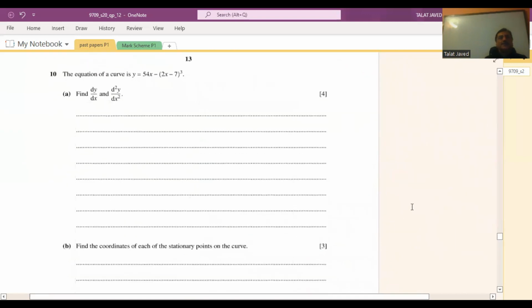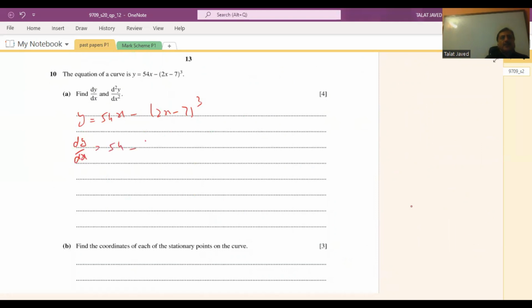Question number 10. This question is on differentiation. y is equal to 4x minus 2x minus 7 cubed. dy by dx: the derivative of 54x is 54, minus, we take this 3 down, to this power 2, 2x minus 7 squared, multiplied by 2.